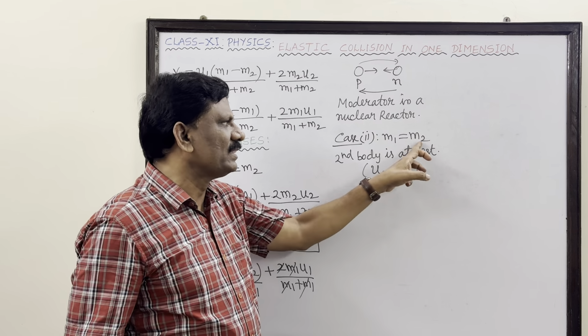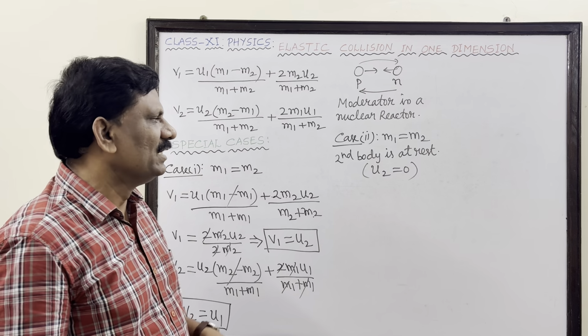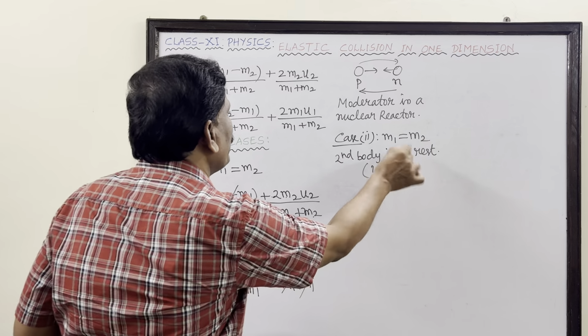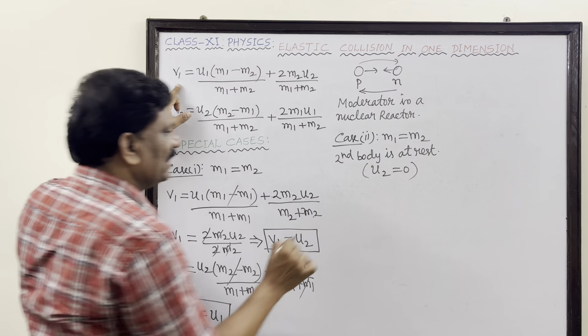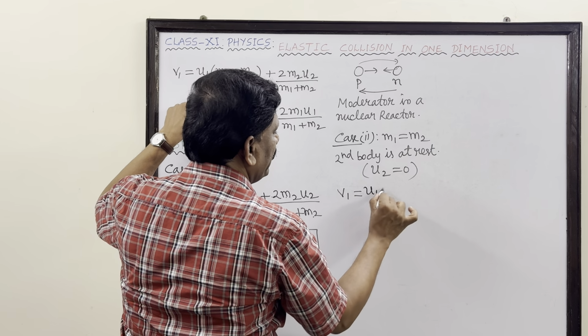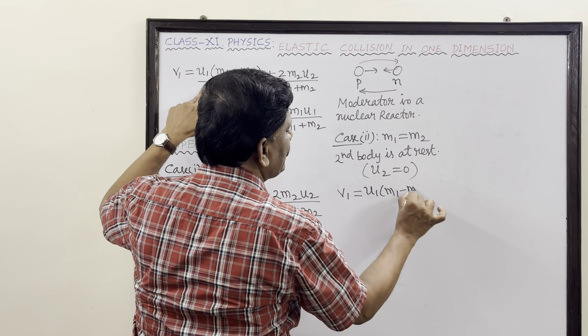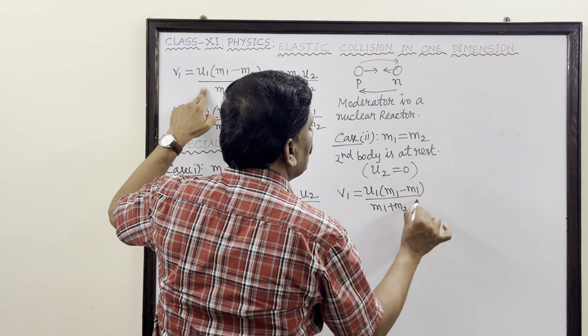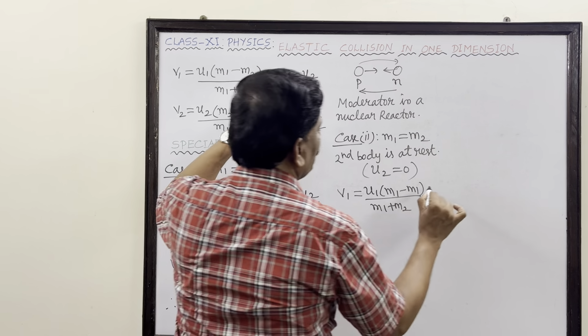So I will take both bodies having equal masses and the second body at rest. In this case I am going to substitute for v1 first. v1 is equal to u1 into (m1 minus m1) divided by (m1 plus m1), plus 2m2 u2.